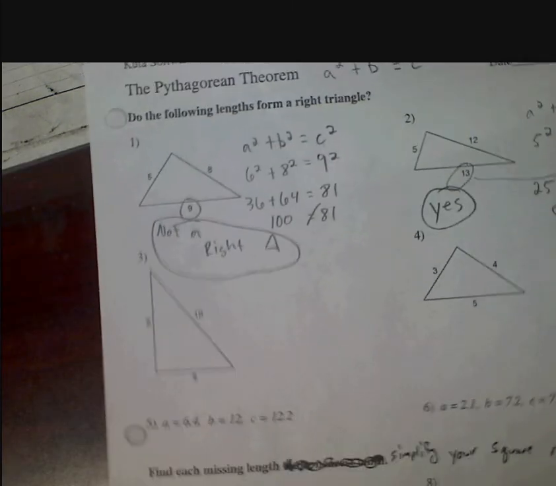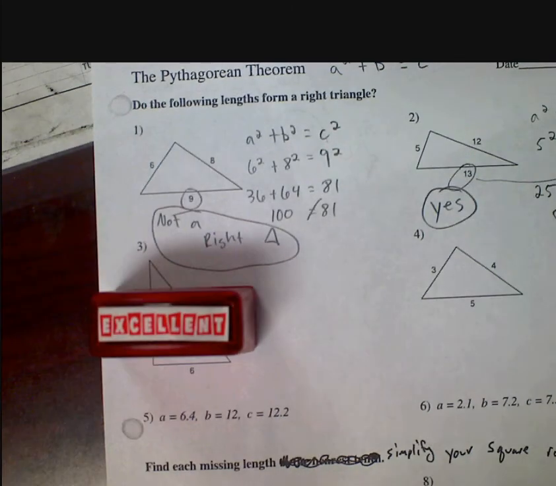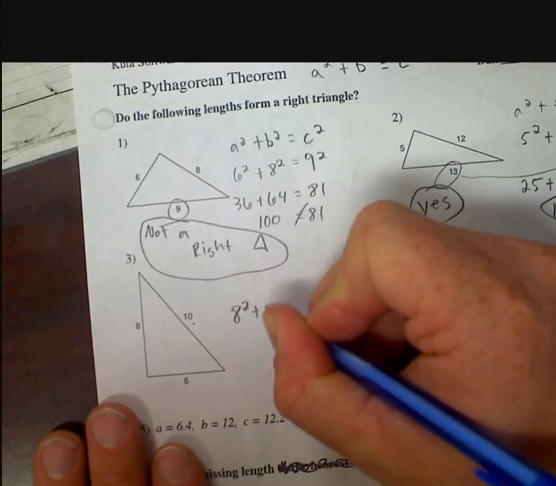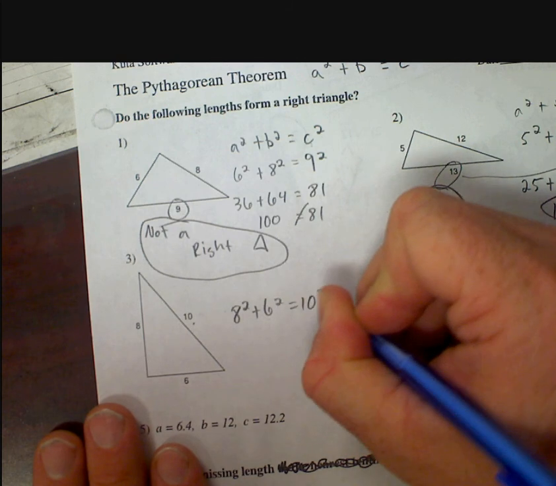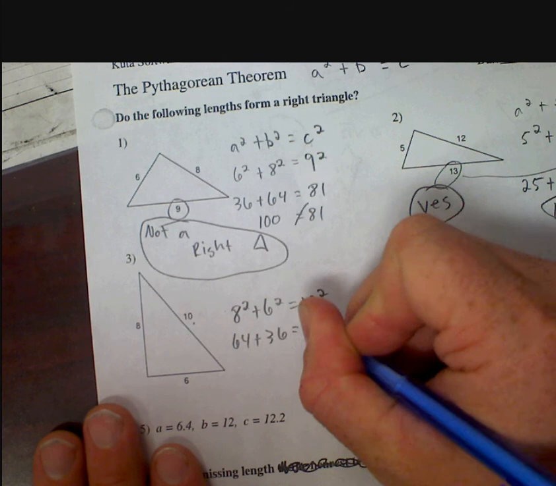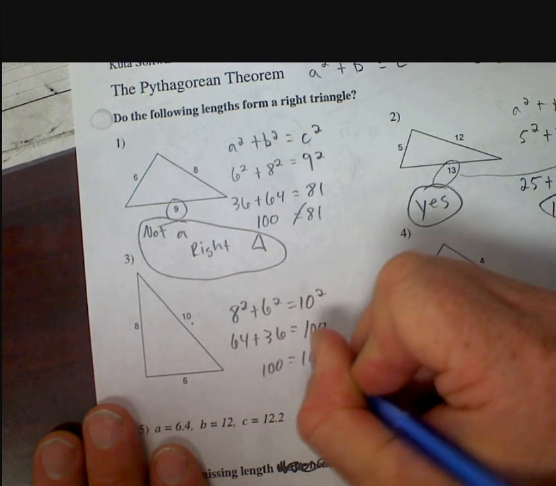Go ahead and try example 3 by yourself first. On number 3, 8 squared plus 6 squared equals 10 squared. 64 plus 36 equals 100. 100 does equal 100.